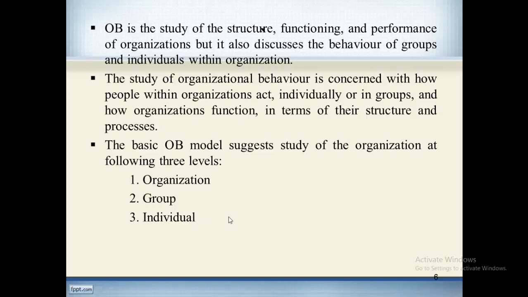Individuals: how they are acting, how they are reacting, what their behavior is, how they are responding to the organization's policies, what their behavior is toward their colleagues, what their behavior is toward the work in the group, and at the organization level.